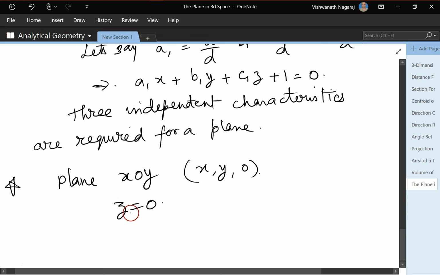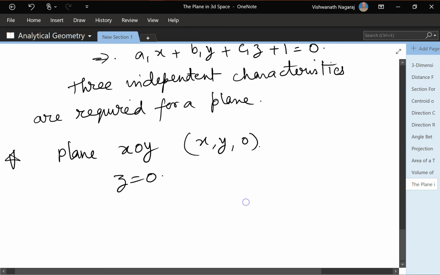That means it doesn't matter what the values of x and y are, z will always be 0. So you can take any values of x and y and keep z equal to 0 to get the plane XOY. That means planes on the coordinate axes.